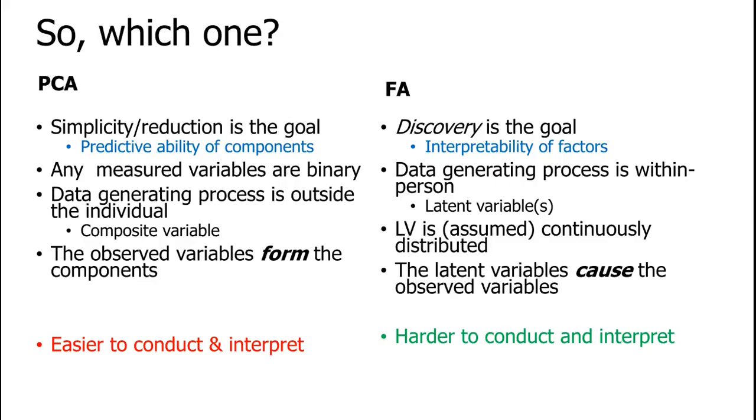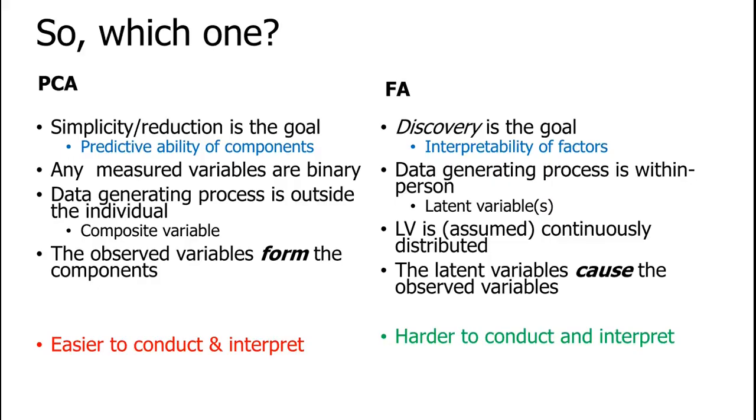So to sum up that overview, in principal components analysis, simplicity or reduction is the goal, while in true factor analysis, discovery is the goal. We're trying to discover how much of the variability in our observed variables can be explained by a single underlying dimension or perhaps a couple of underlying dimensions.